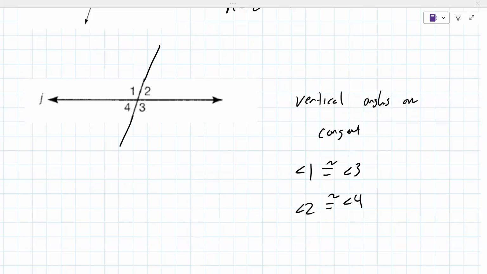is I've got a bunch of other geometry student stuff. Can I step away for like 30 seconds?